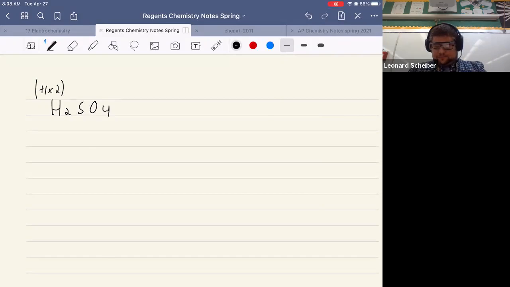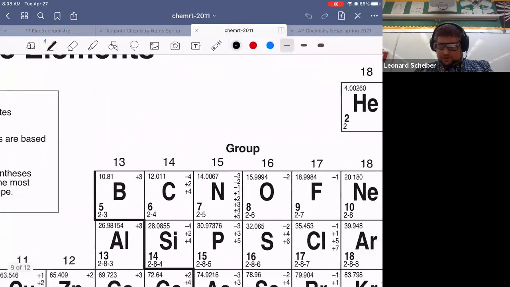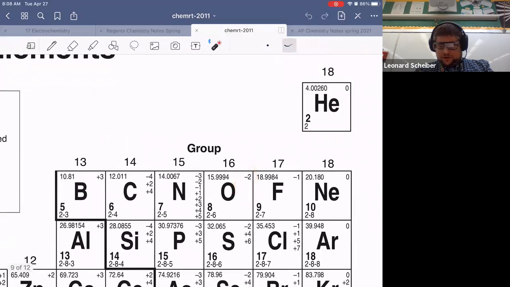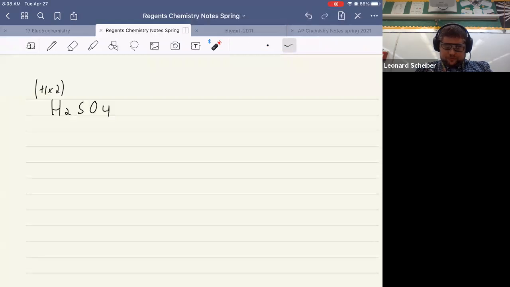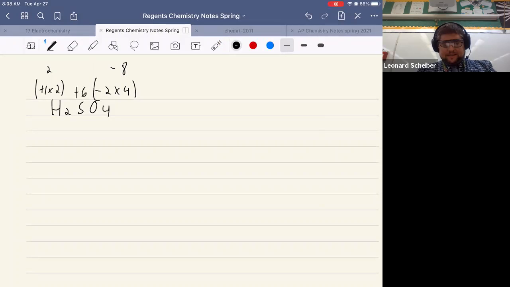And then oxygen, like always, is -2, times 4. If I do this out, this is a 2, this is a -8. So I need to find what x is here. 2 plus something equals 8, so S therefore has to be +6.